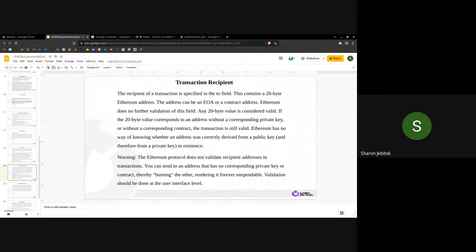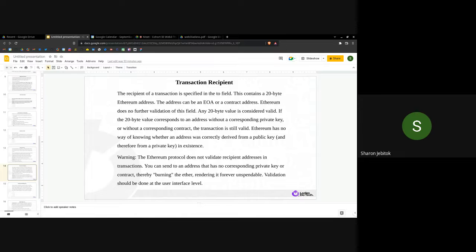So this transaction recipient contains a 20-byte Ethereum address, and the address can be externally owned or a contract address. So it's possible for an externally owned address to make a transaction to a contract address, and also a contract address can make a transaction to another contract address.